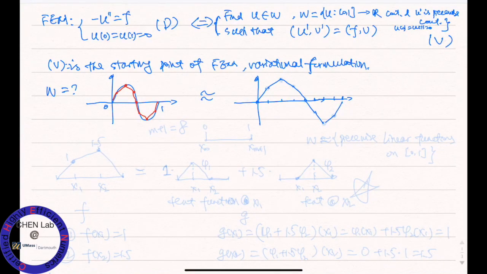The point is that as you increase m, so here m plus 1 is 1, 2, 3, 4, 5, 6, 7, 8, remember this is x0, this is x_{m+1}, the red piecewise straight line is going to get closer and closer to that sine curve. So it's getting more and more accurate.